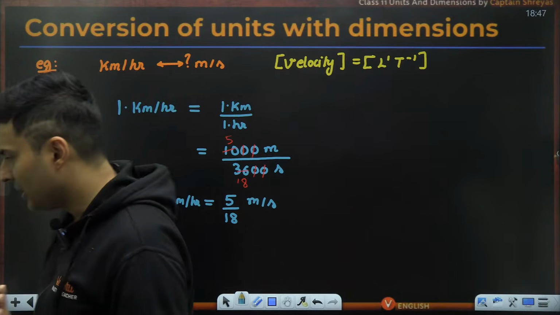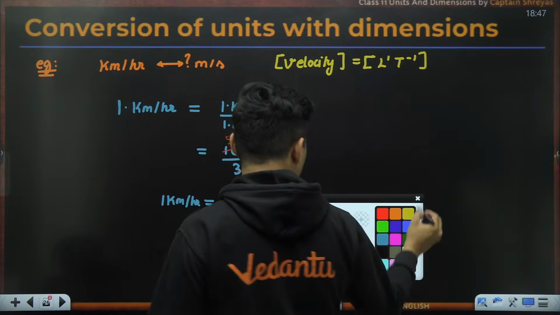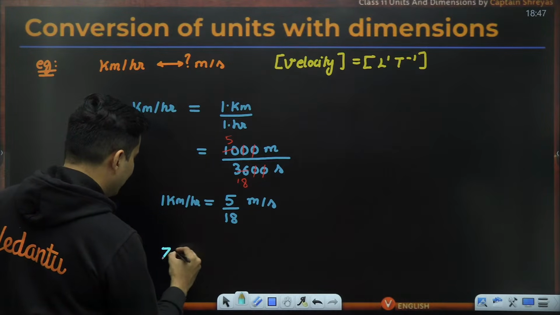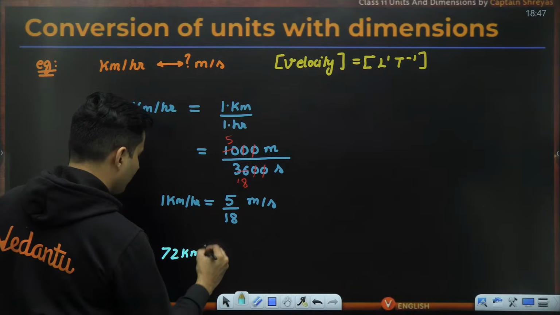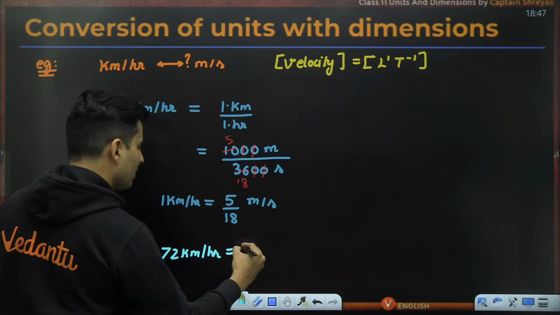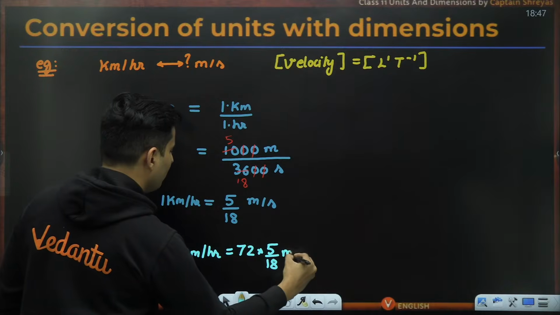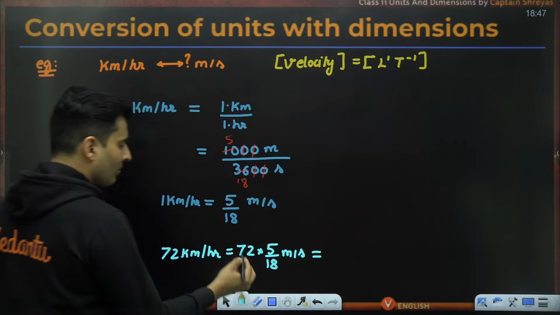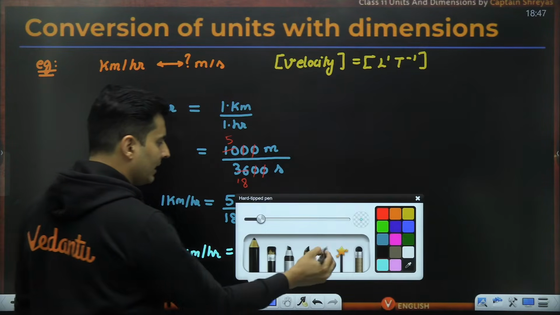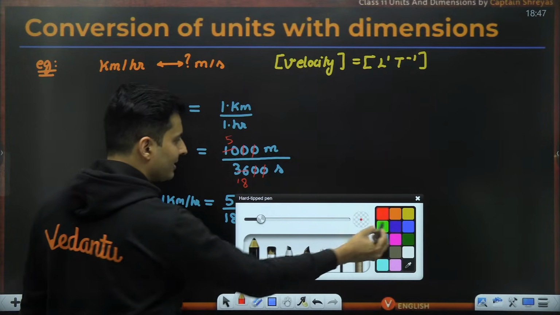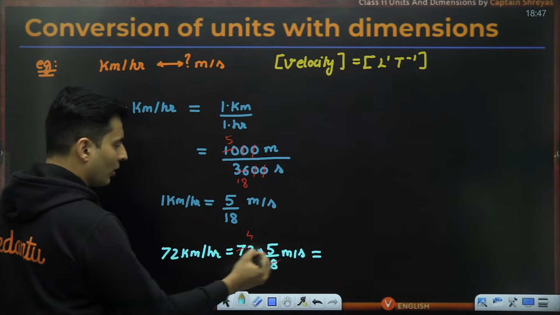Yes. Did you understand? So if it was something else, let's say it was maybe 72 kilometers per hour. So that number 72 will come into 5 by 18 meters per second. So you can see 72 goes with 18. 4 times 18 is 72, 4 5s are 20.